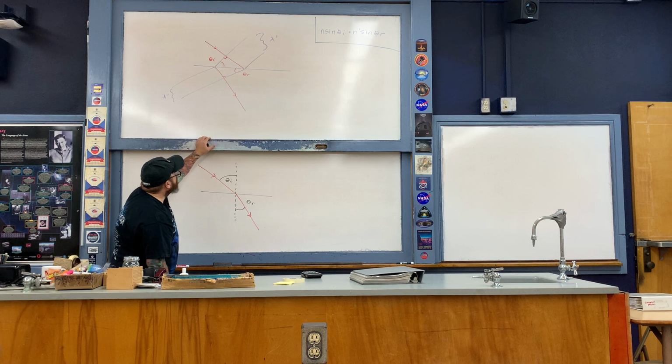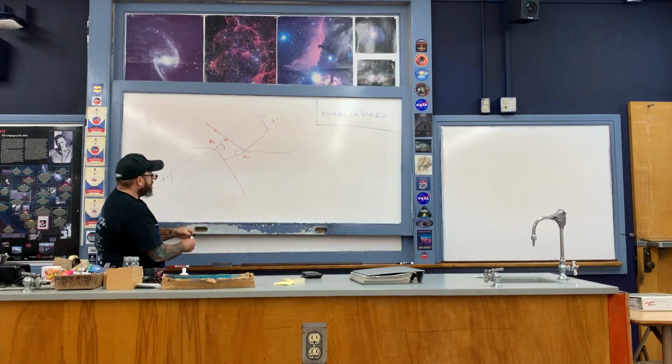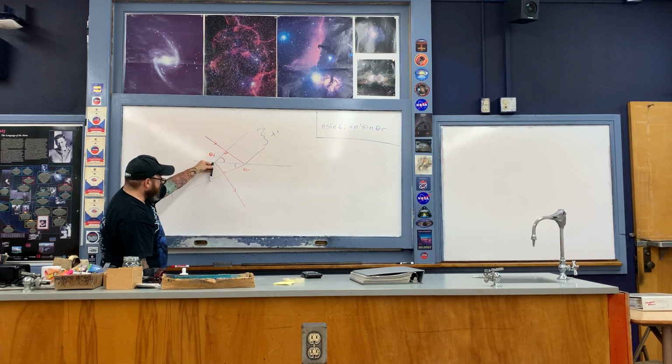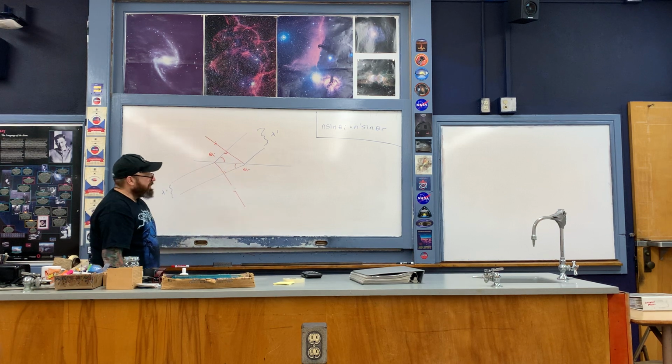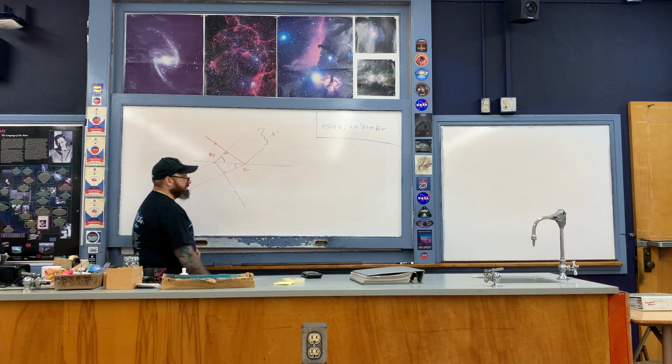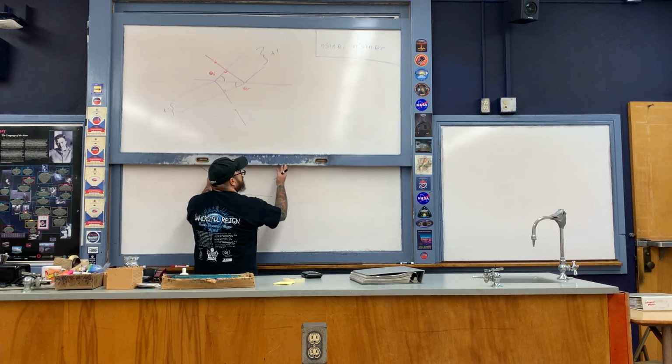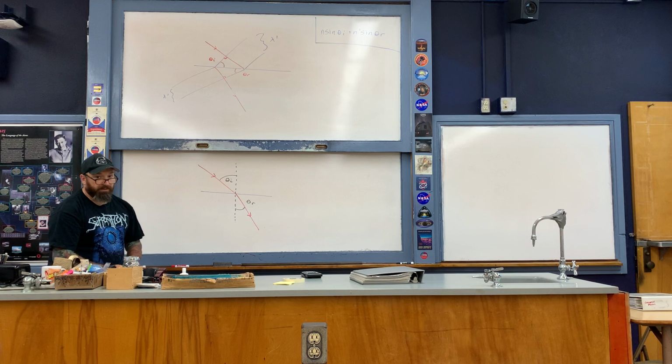Up on the top board, right here is the normal line like so for the refracted light ray. So right here is the angle that I just described. Once again, through some geometry, you could show that this angle here is the same thing as the angle of refraction. So once again, we simplify this diagram considerably, and therefore, we just draw refraction in the following way.